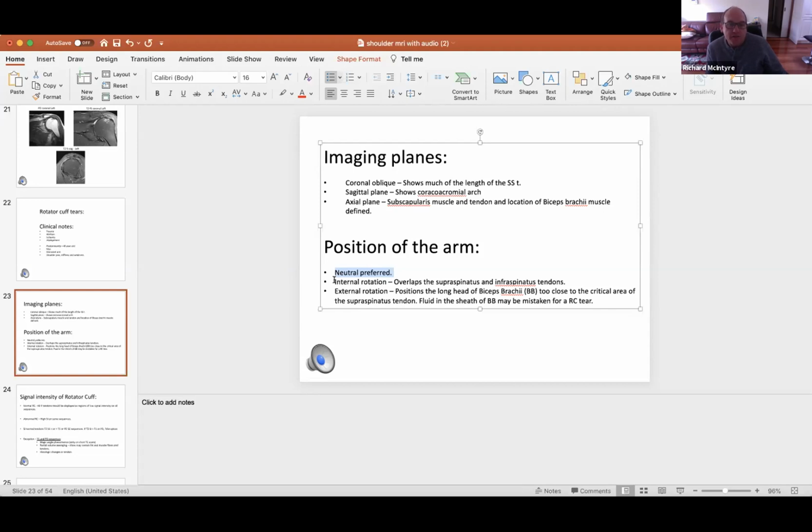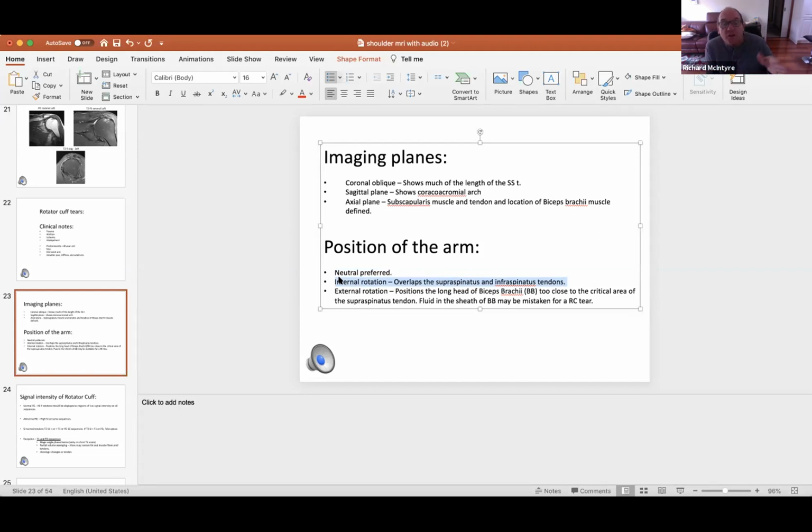Internal rotation, some departments prefer internal rotation. However, the supraspinatus and the infraspinatus tendons are overlapped when that happens. Okay, so when they internally rotate their arm, those tendons are overlapped.